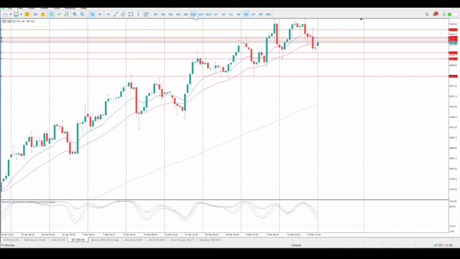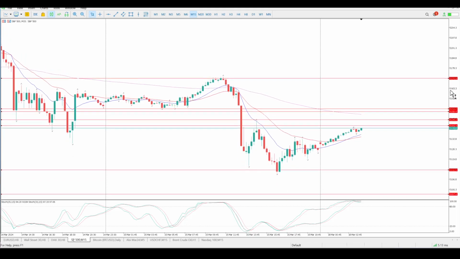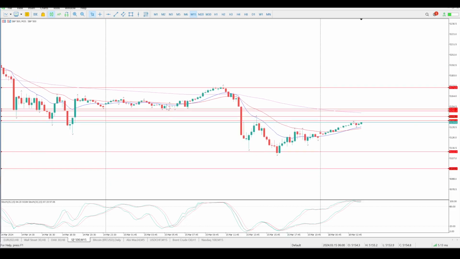Let's go back to the 15 minute. 51.45, 51.40, 51.50, and 51.52. Those are the areas that you're looking for a rejection off. It's also your line in the sand. If you get back above it and build a base on there, then that would be your area for a long as well.